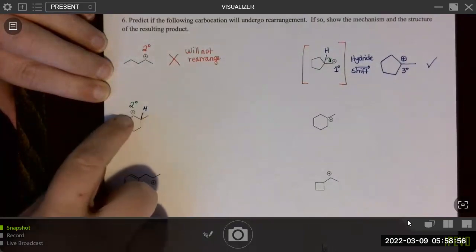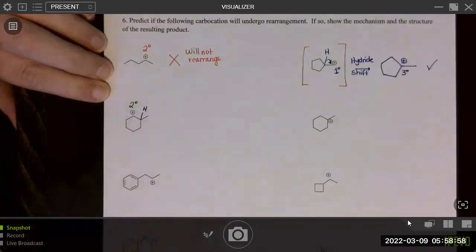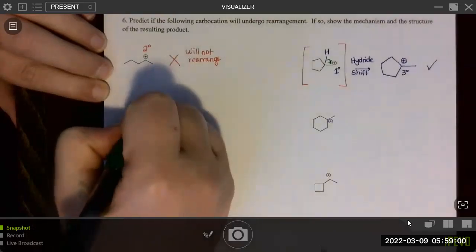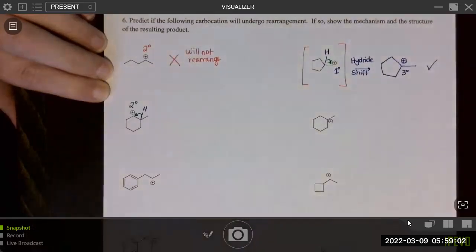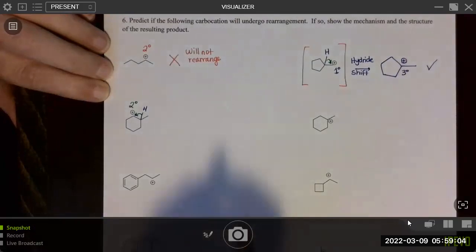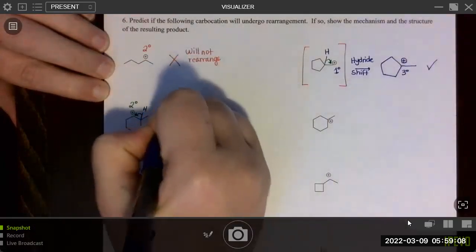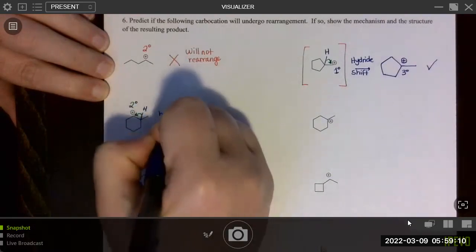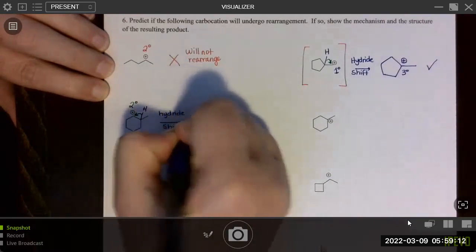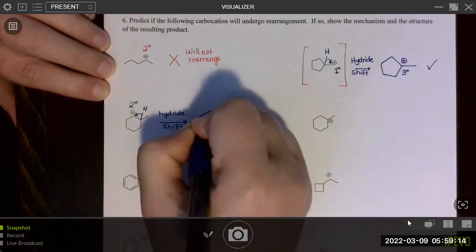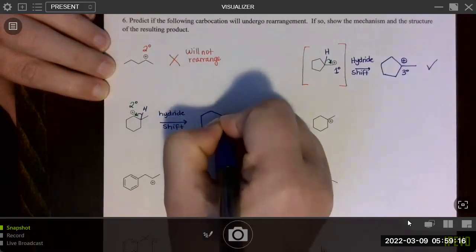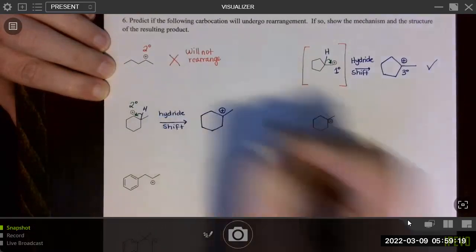If the methyl shifts over, it would still be secondary. But if the hydride shifts over, then we would end up with a tertiary carbocation. So that can occur. And recall that shifts can only occur from adjacent carbons.